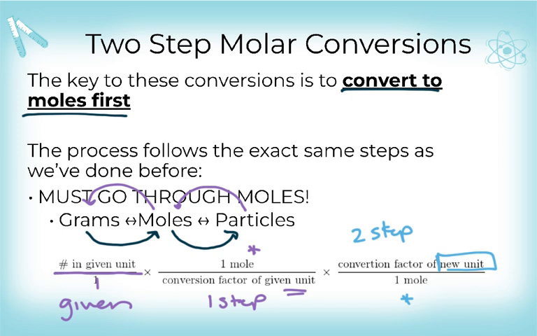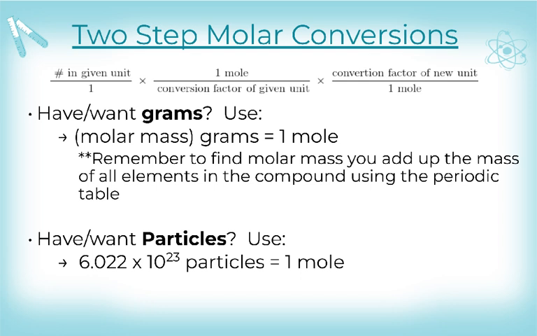Once we have that set up, then we'll be able to do the math based on the values in those conversion factors. If we have or want grams, then we are going to use that molar mass in grams is equal to a mole. To find the molar mass, we use our periodic table and add up all of the elements in that compound in whatever ratios they are in.